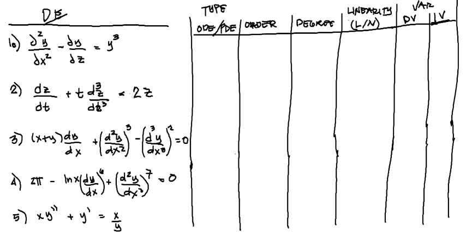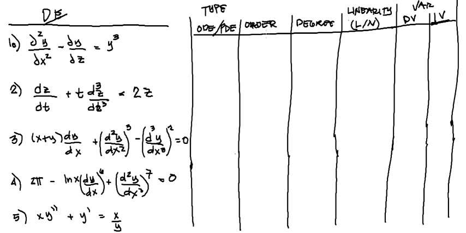Okay, so what we are going to do is to determine these terms for the specific given DE. So we need to determine the type of the given DE, either an ordinary differential equation or a partial differential equation.